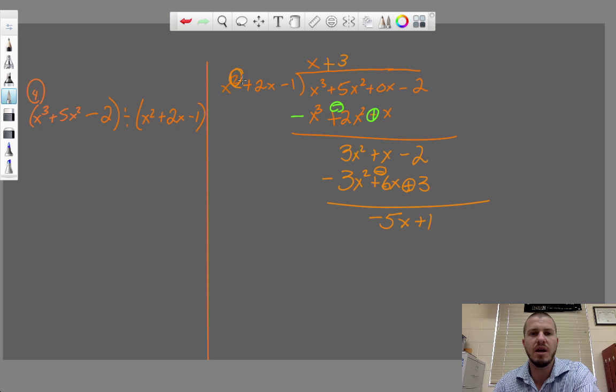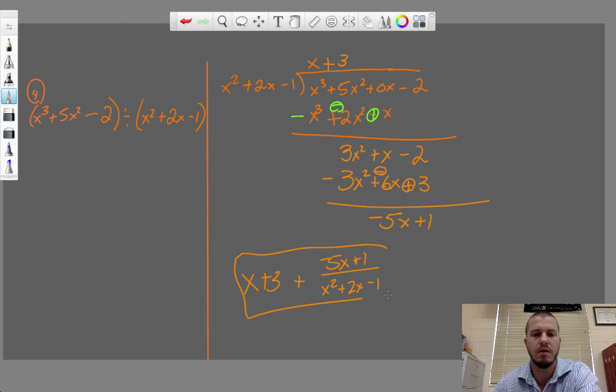Once this exponent is greater than what is down here, you're done. So I have x plus 3 and then plus -5x plus 1 over what I divided by, x squared plus 2x minus 1.